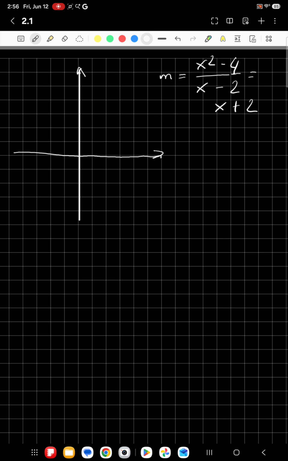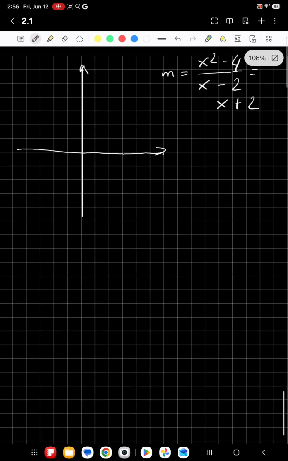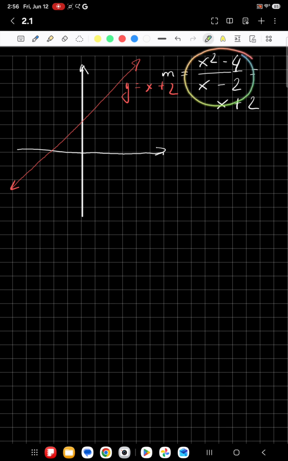So the difference: if I wanted to graph x plus 2, it's going to be a straight line, y equals x plus 2. And if I want to graph x squared minus 4 over x minus 2, it's basically the same graph.